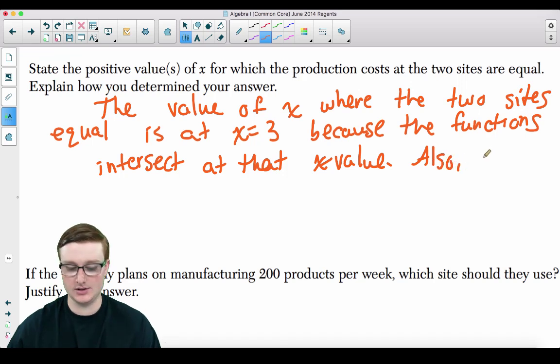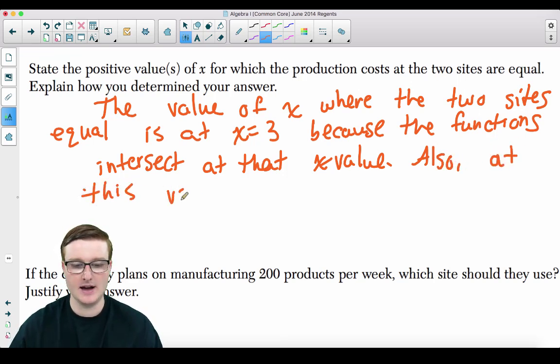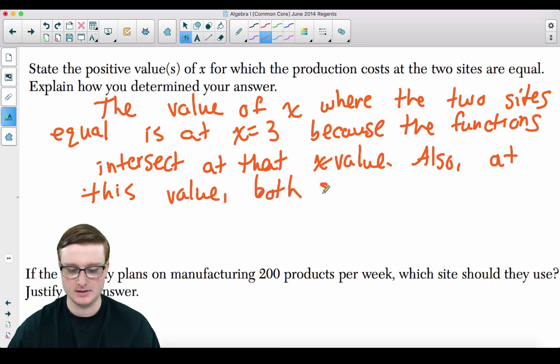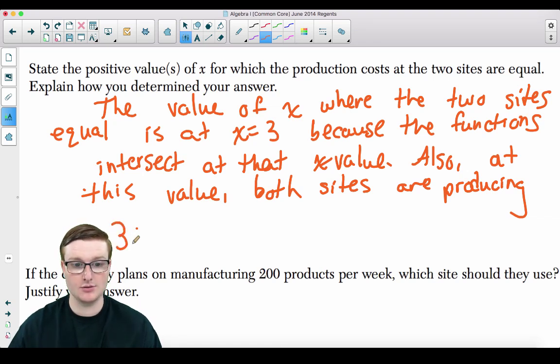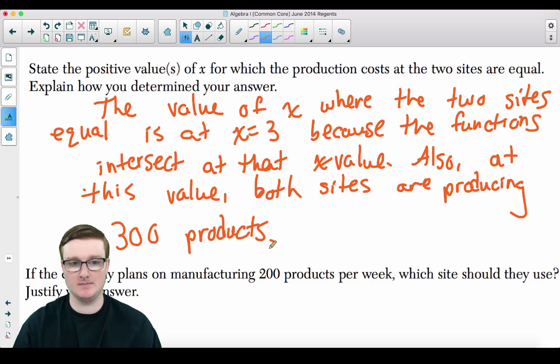You could also say at this value both sites are producing 300 products. That could be fine as well.